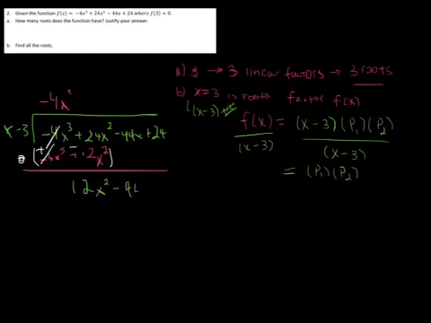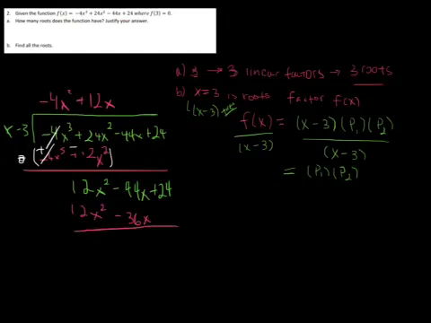Negative 44x plus 24. So now what I have left over, of course, is that I need a 12x squared. So what's going to give me a 12x squared? Well, by multiplying x by positive 12x, I get 12x squared minus 36x.